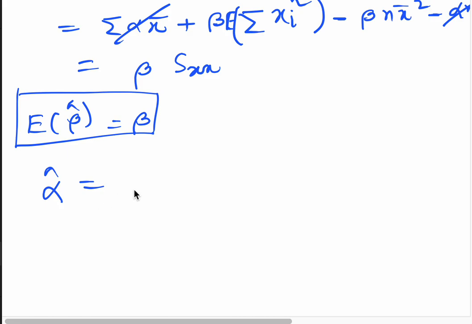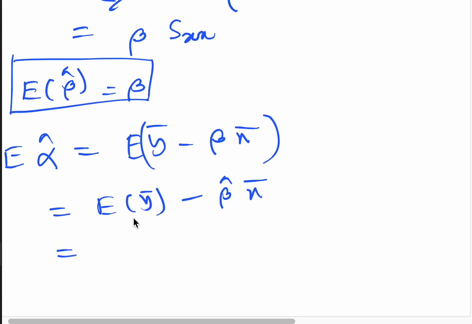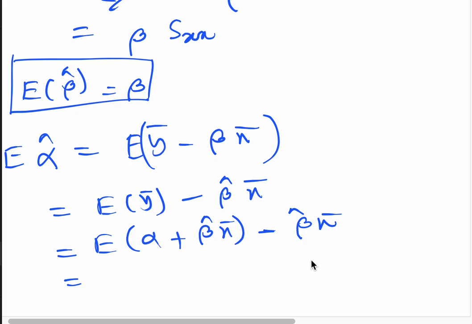Alpha cap is y bar minus beta cap x bar, so expectation of this: y bar is alpha plus beta cap x bar, minus beta cap x bar, so this is nothing but alpha plus beta cap x bar minus beta cap x bar. So this is alpha. So this is also an unbiased estimator.